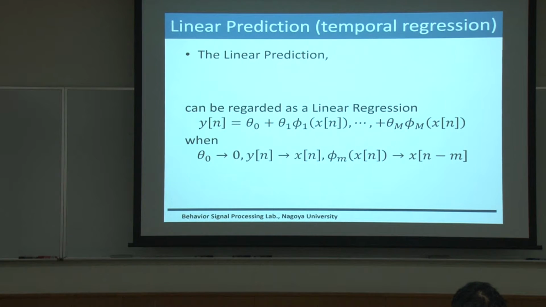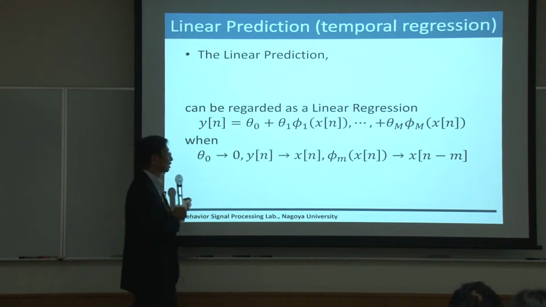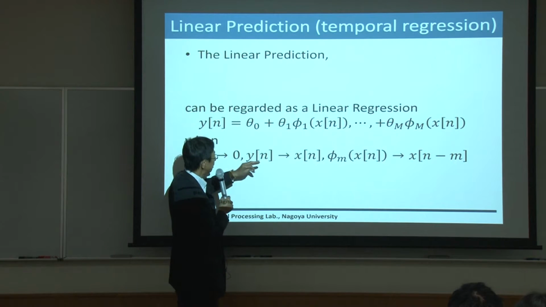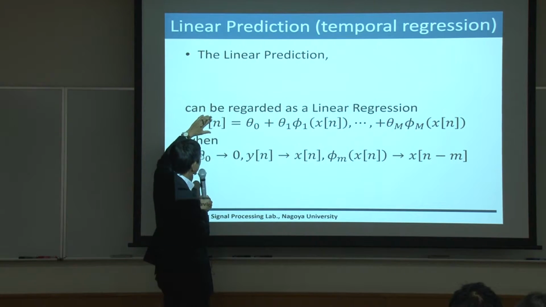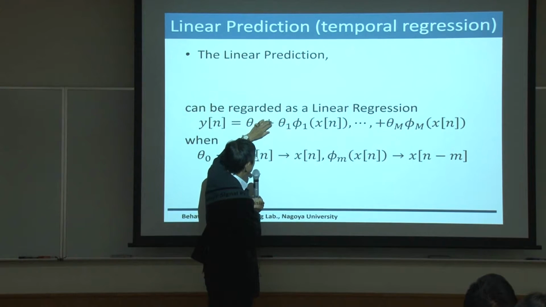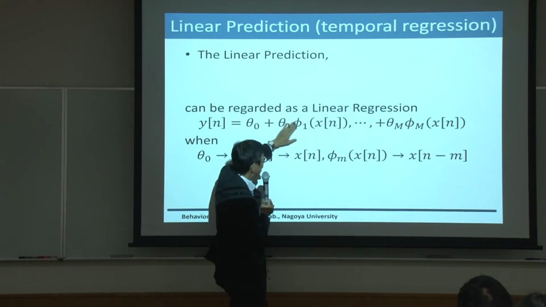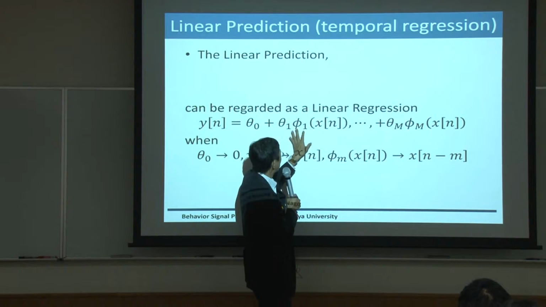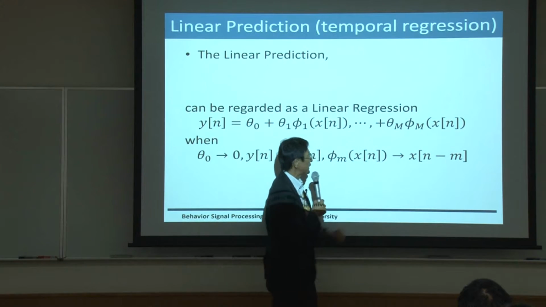And another topic in these slides is linear prediction, predicting the future value. That is part of a regression problem because it has a quite similar shape to the linear regression, right? So yn can be described in terms of the linear combination of m functions.